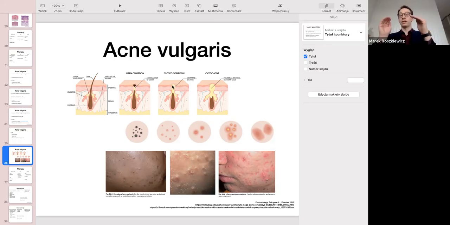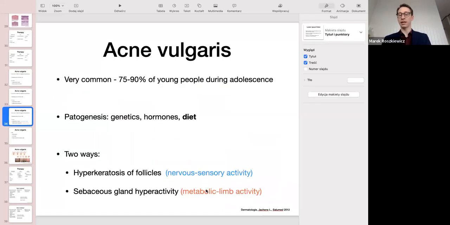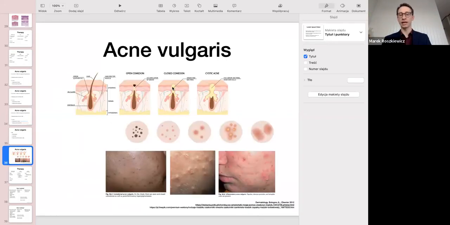But afterwards, this activity closes up the follicle, and this upbuilding process occurs. So this metabolic lymph activity of the sebaceous gland is creating substance, more and more and more substance. And this is what we can see in a closed comedon.